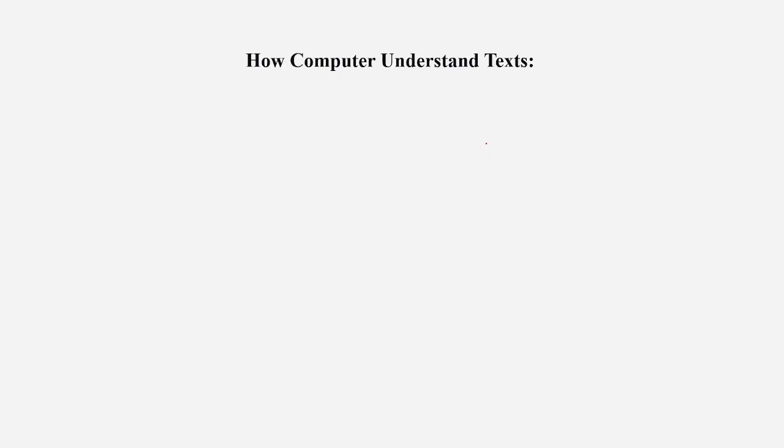So let's go again. How does a computer understand words? There are different techniques we have, like one hot encoding. In one hot encoding, consider the sentence: he is a boy.